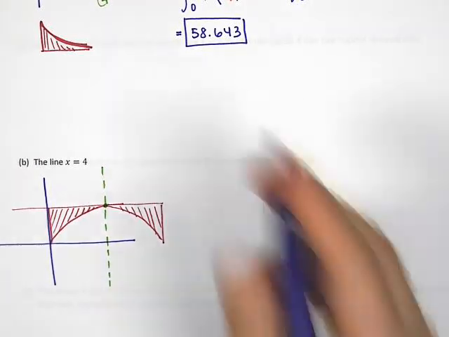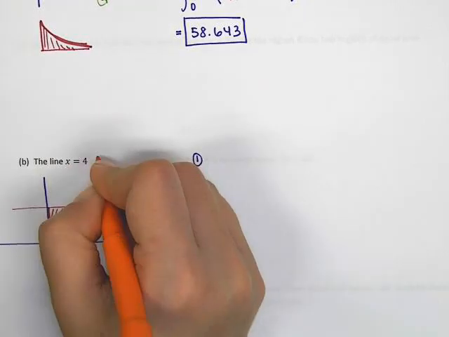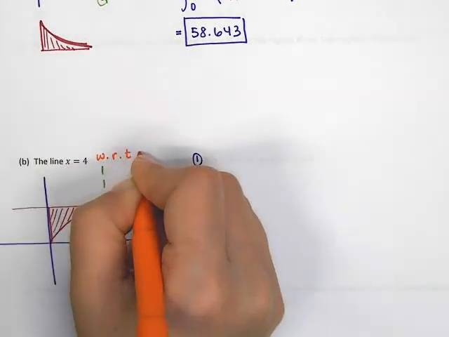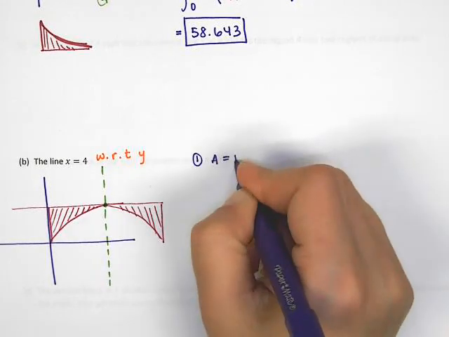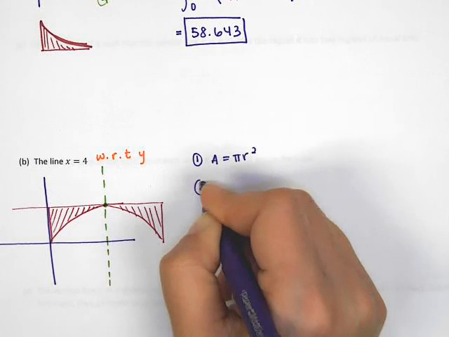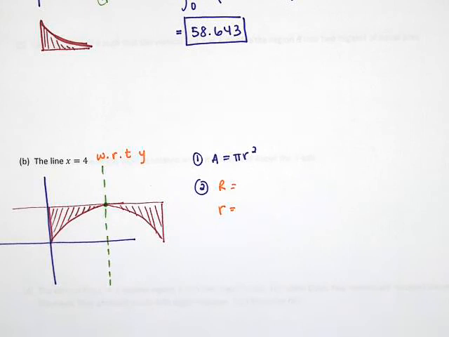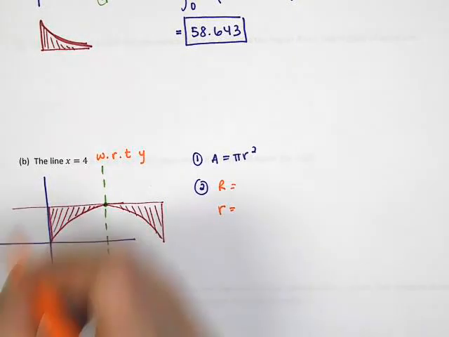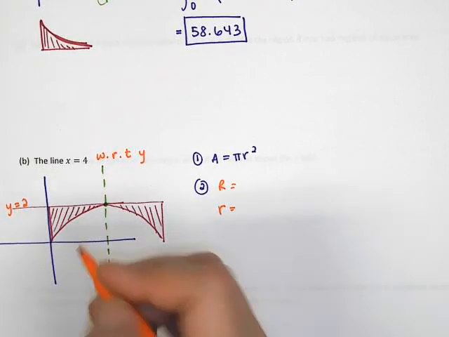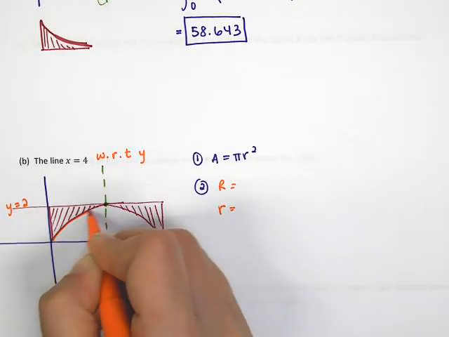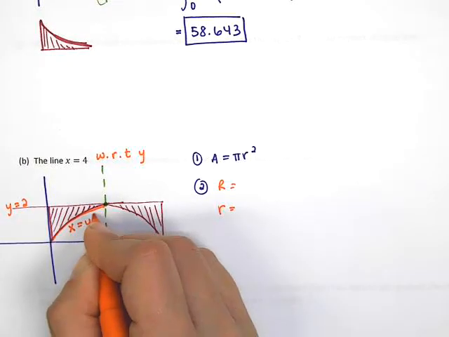So I'm still going to need two integrals to set this up. But because this is a vertical line, I'm going to need to set everything up with respect to y. So our area formula is going to be pi r squared. We're going to need a big radius and a little radius. Now, in terms of y, this is still the graph of y equals 2. And this guy right here, if we rearrange the equation y equals the square root of x, would be x equals y squared.